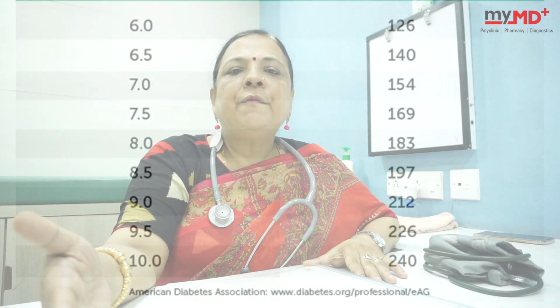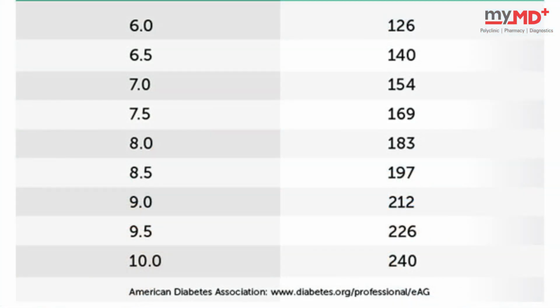For diagnosis of blood glucose, there are certain criteria. The WHO and other august bodies, the American Diabetes Association, as well as India's own guidelines, RSSDI, state that you can diagnose a patient as diabetic when the fasting glucose is above 126 and the 2-hour postprandial glucose is above 200.